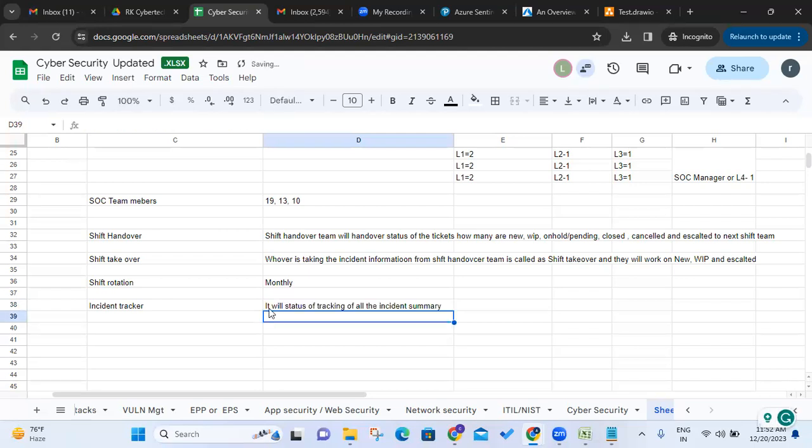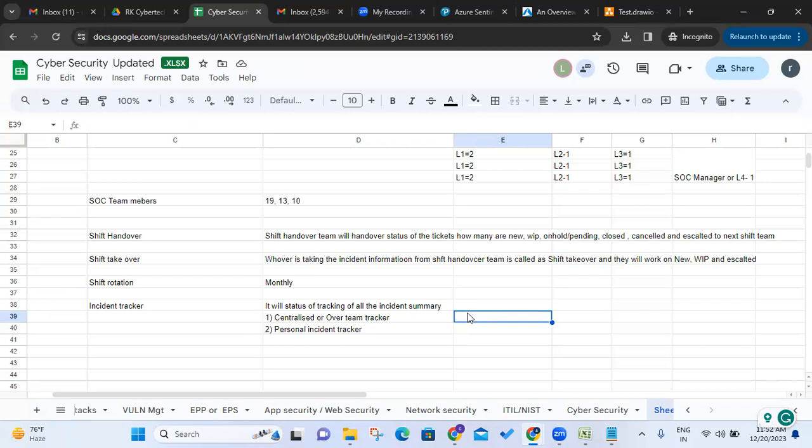So there are two different types of incident trackers. One is the centralized or overall team tracker. What is the second one? Personal incident tracker. Regarding the centralized one, previously someone asked how we can communicate the overall status to the respective next shift team members.